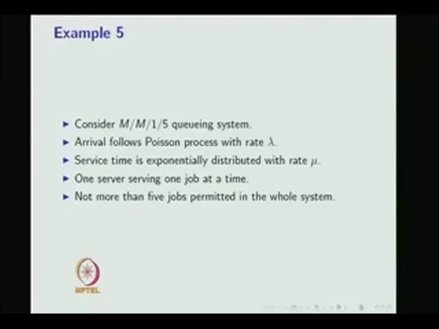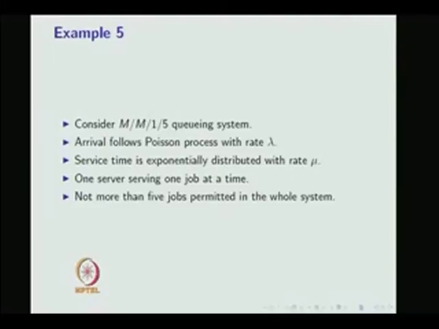Consider the M/M/1/5 queuing system. Here, arrival follows a Poisson process with the rate lambda. Service time is exponential distribution with the rate mu. One server serving one job at a time.